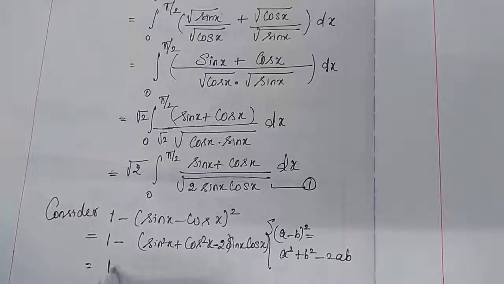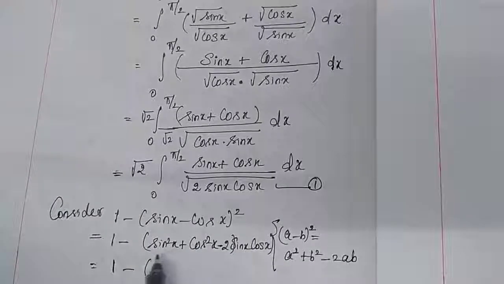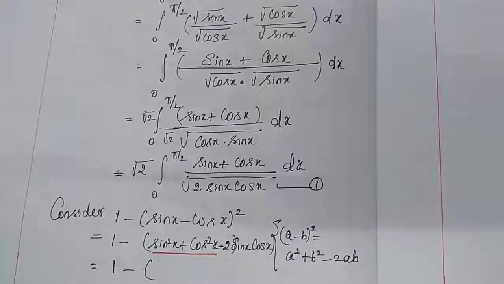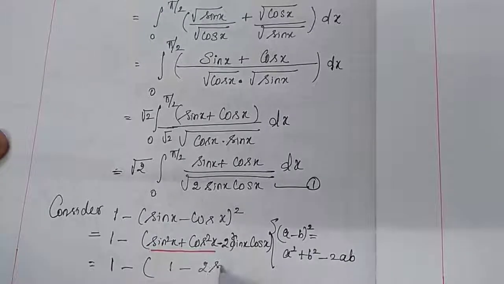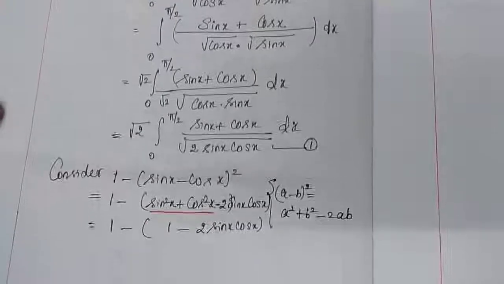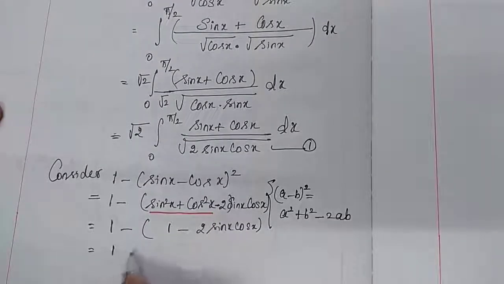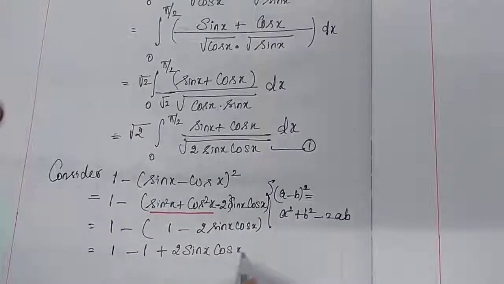We know that sin square x plus cos square x is 1, therefore 1 minus 2 sin x cos x. Next, the minus is multiplied inside the bracket, we get 1 minus 1 plus 2 sin x cos x.